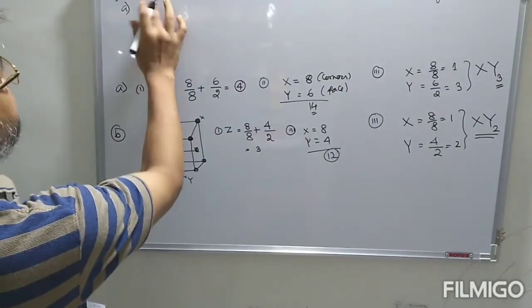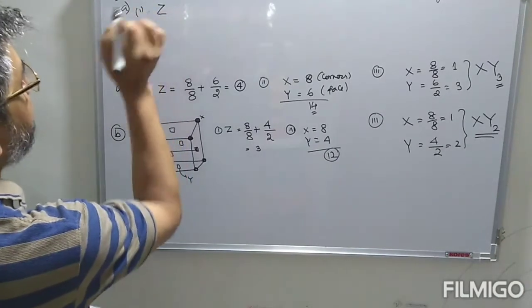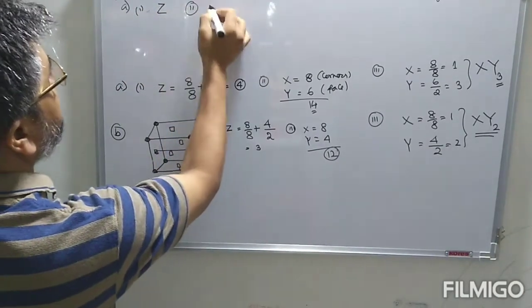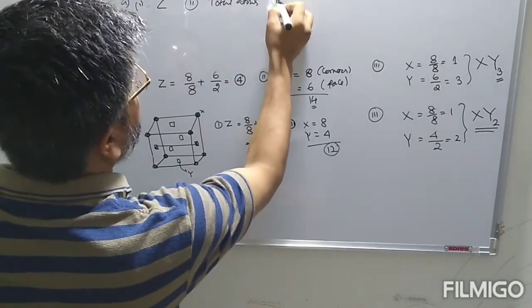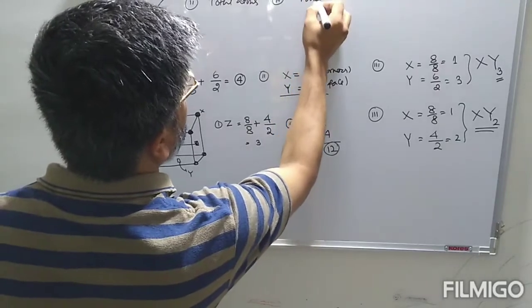So first, calculate the effective number of atoms; second, the total atoms; third, the formula.